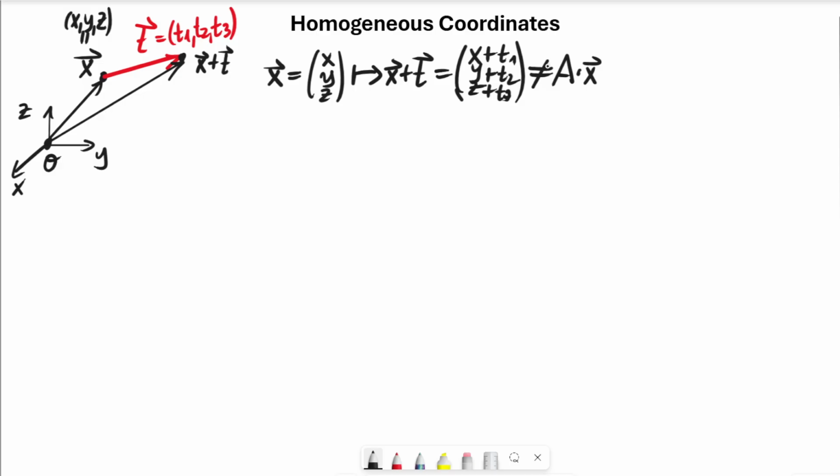However, we would like to express it as a linear mapping, as a matrix vector product, because this would allow us to include translation within the set of linear transformations, alongside with rotations, reflections, and other operations, and then combine them easily. Why is this useful?